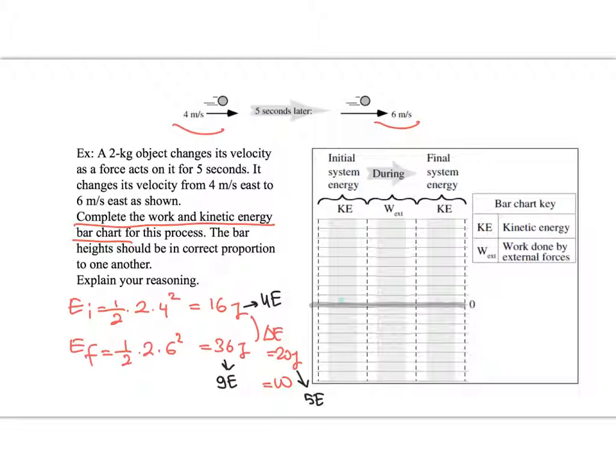So 1, 2, 3, 4. I have this amount of energy, and 5E amount of work is done on the object. 1, 2, 3, 4, 5. So the final energy of the system becomes 9E. 1, 2, 3, 4, 5, 6, 7, 8, 9. So I complete the chart by using the ratios.